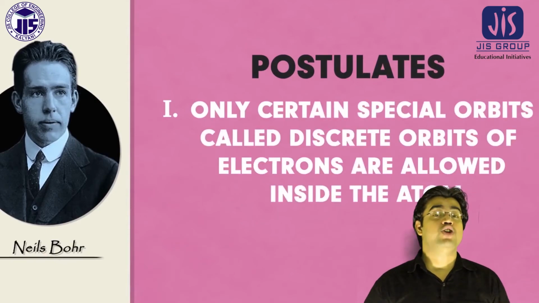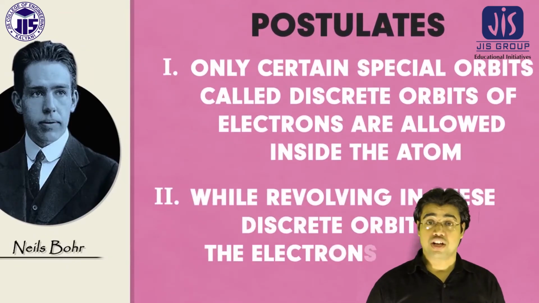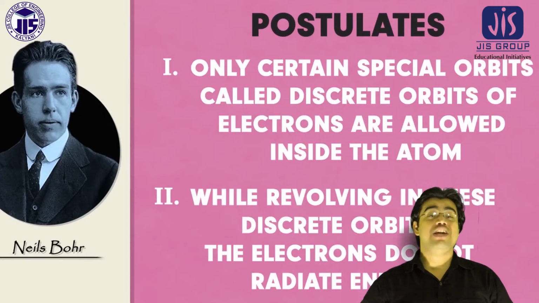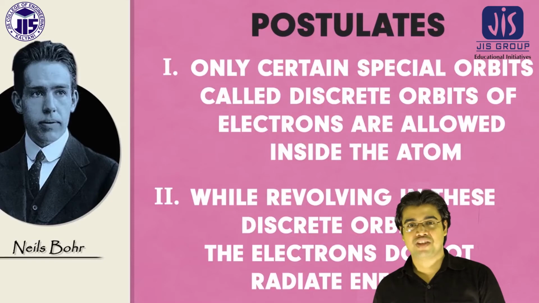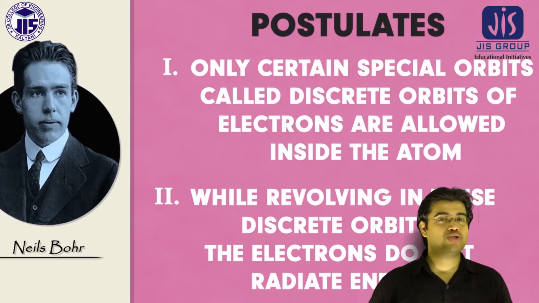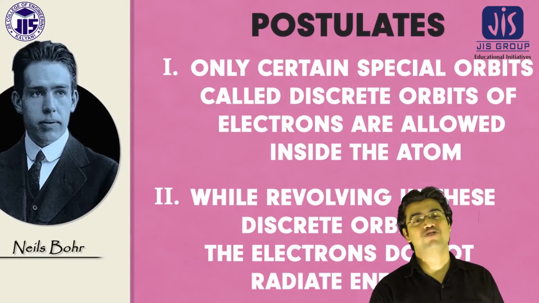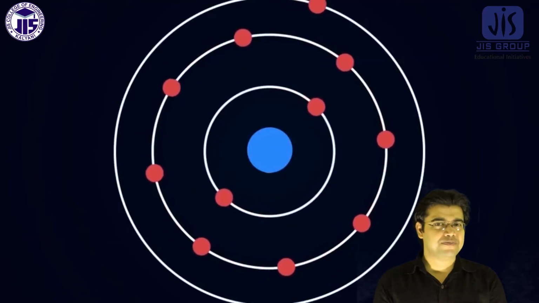That means there is no question of decreasing the outward force, that is, the centrifugal force. So the centrifugal force will not decrease, and it remains the same as the inward Coulombic attraction force. No question of the electron falling into the nucleus, so the atom remains stable.